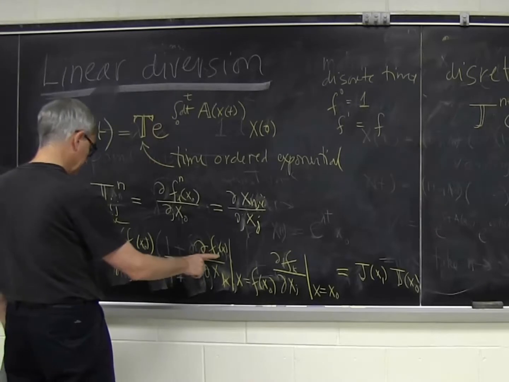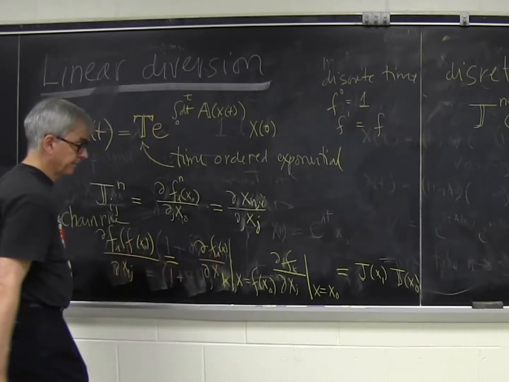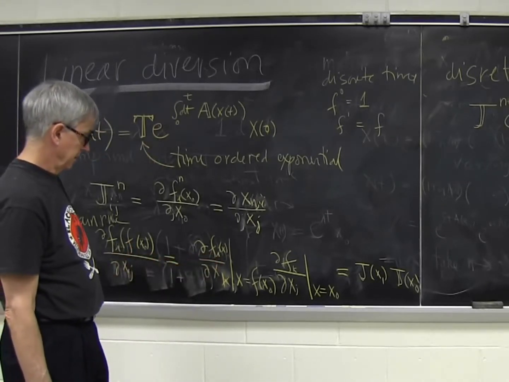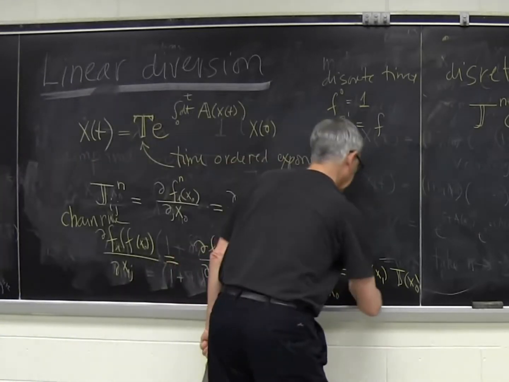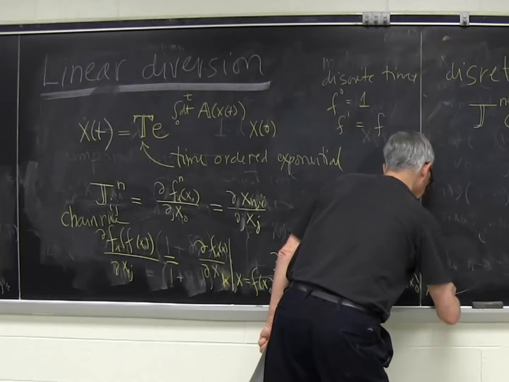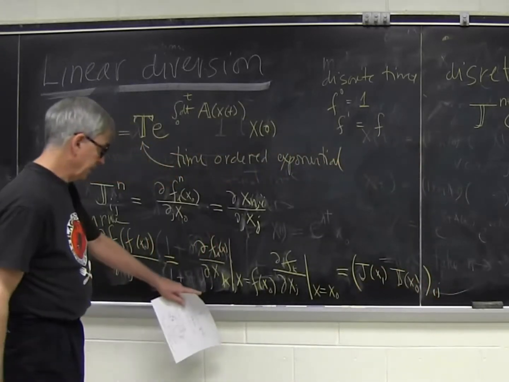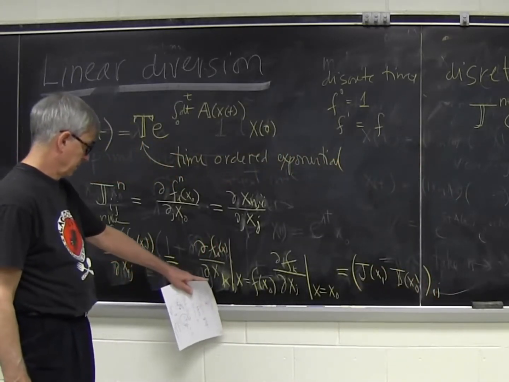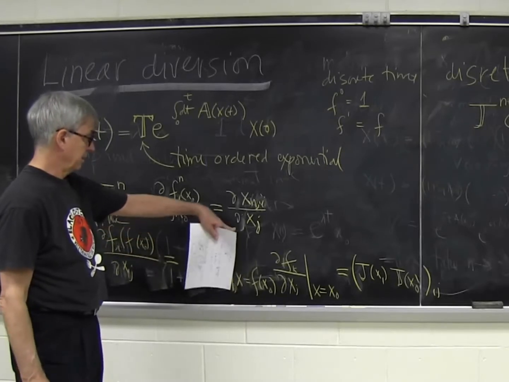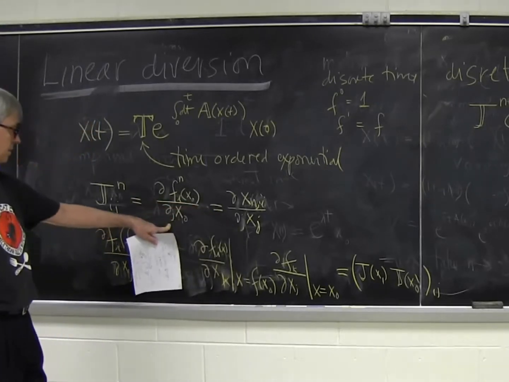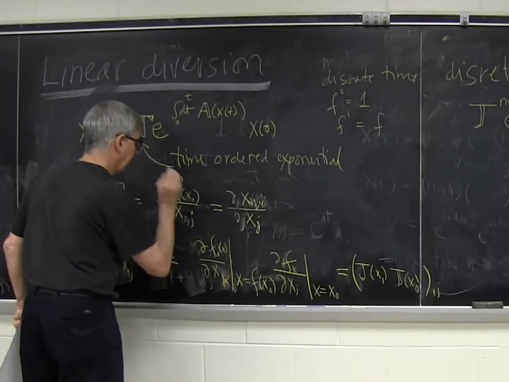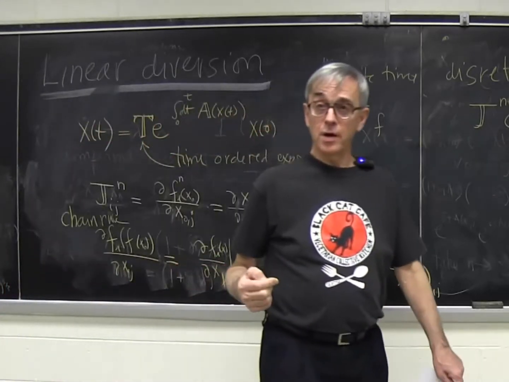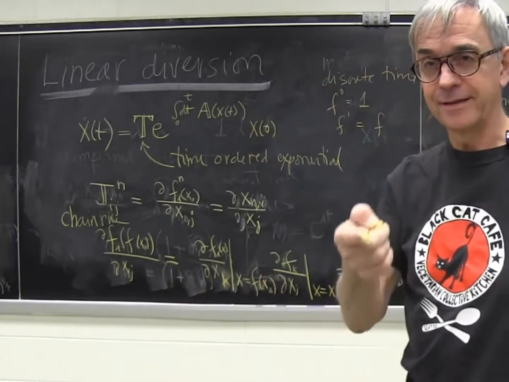And in the first denominator as well, dx0j. This is ij. Thank you, Burak, who pointed that out.